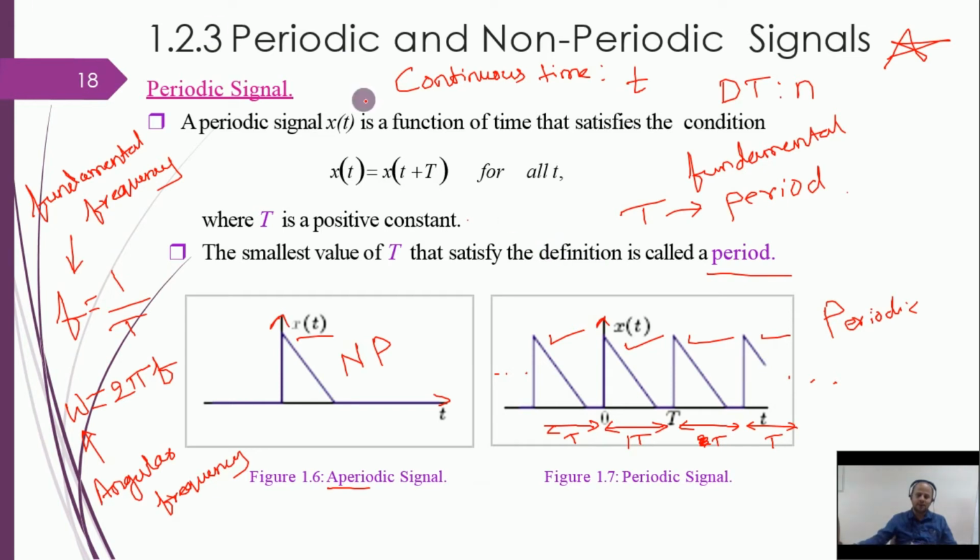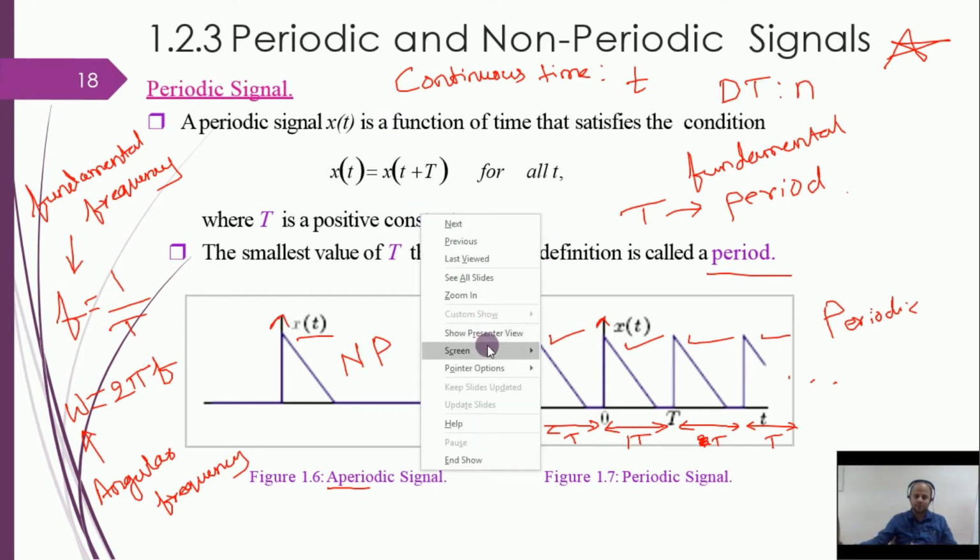For that, I'll take one more screen. Here I'll write discrete time periodic signals.